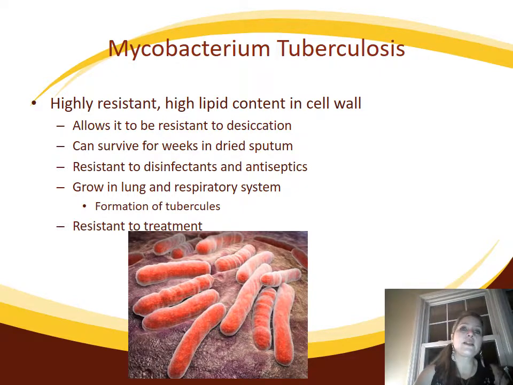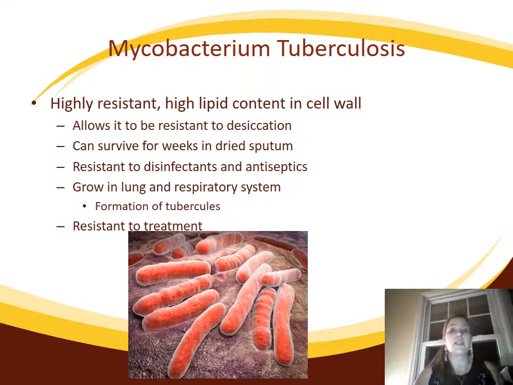Mycobacterium tuberculosis is highly resistant, with a high lipid content in its cell wall, and that high lipid content is what allows it to be resistant to desiccation. This can actually survive for weeks in dried sputum, which is why embalmers are so careful when it comes to tuberculosis. It's very resistant to disinfectants and antiseptics and will grow in the respiratory system.